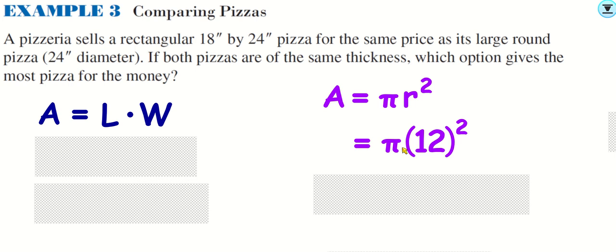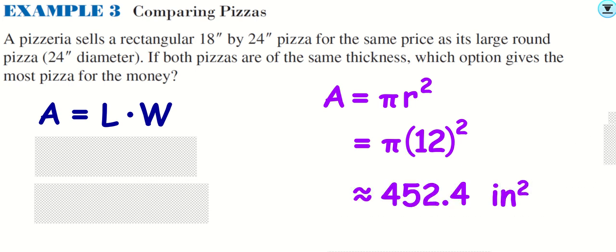A lot of calculators have a pi button you can hit to get pi straight up, but the approximation is 3.14. When you approximate the final answer, it's about 452.4 square inches. So the units of area, one example, is square inches.